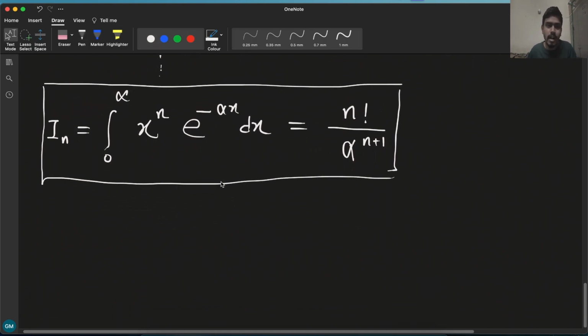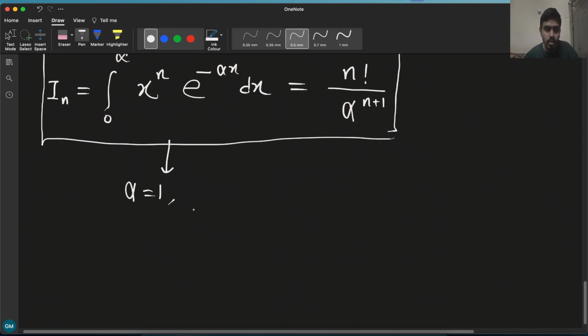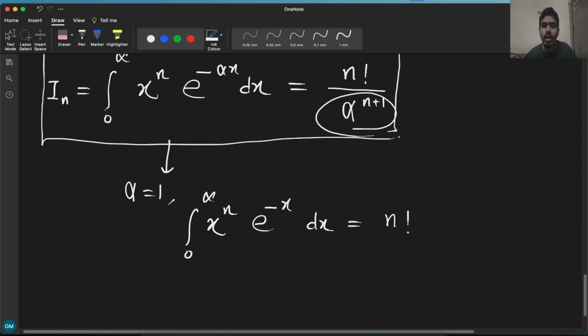And here alpha I am treating as a variable, so I can put the value of alpha as 1. If I put alpha equals 1 in this equation, then we get integration from 0 to infinity x to the power n e to the power minus x dx equals n factorial. If I put alpha equals 1, then this term will be 1, and here alpha times x will be only x.